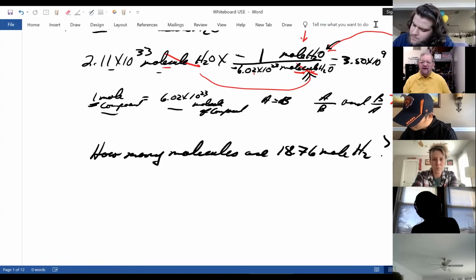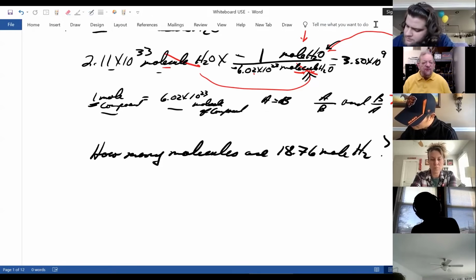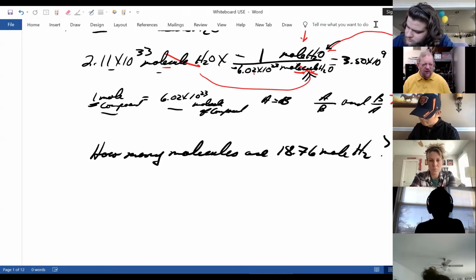And remember, on test number 2, important information, you will be given: 1 mole of an element equals Avogadro's number of atoms of the element. 1 mole of a compound equals Avogadro's number of molecules of that compound.